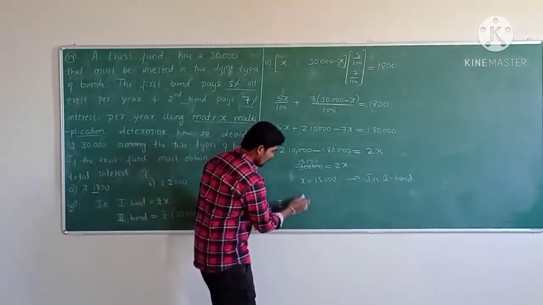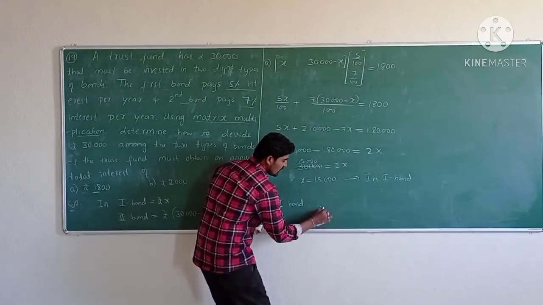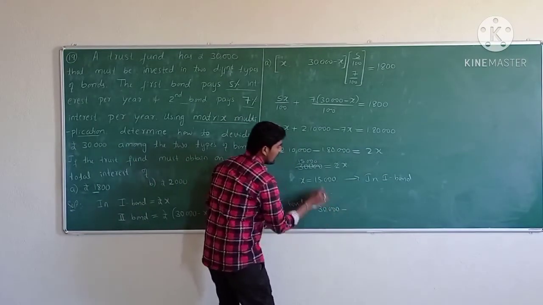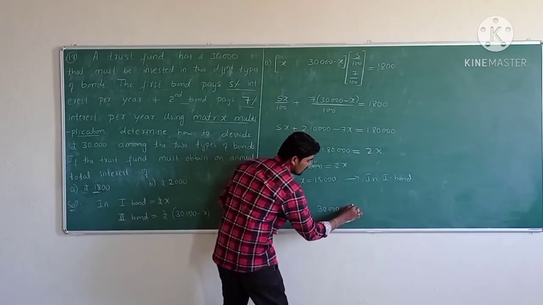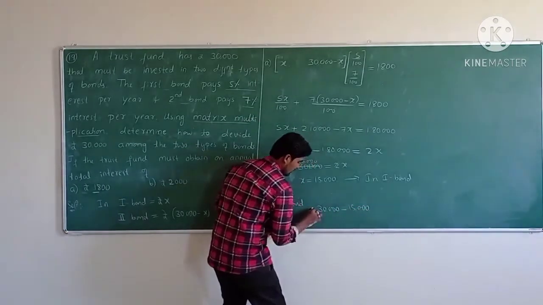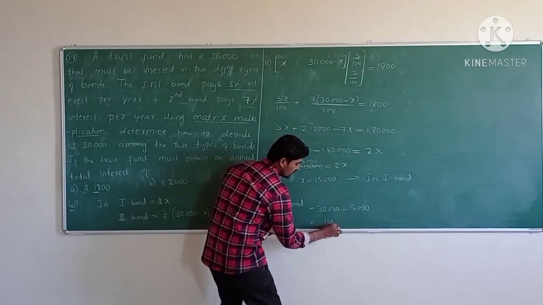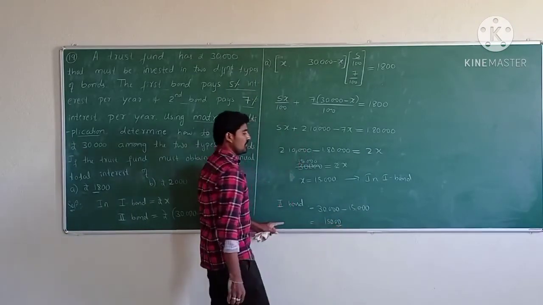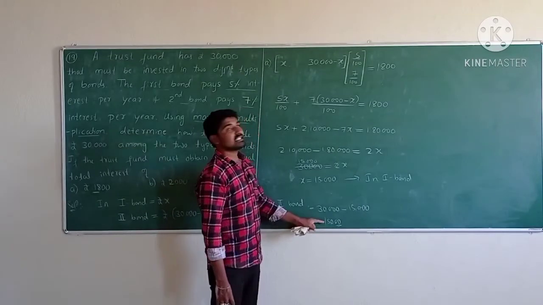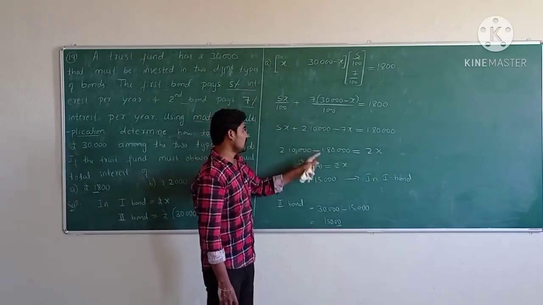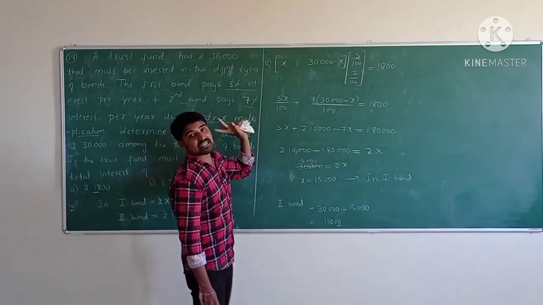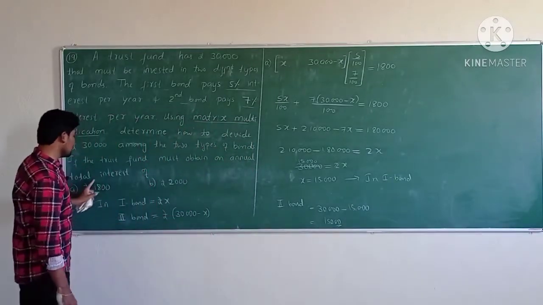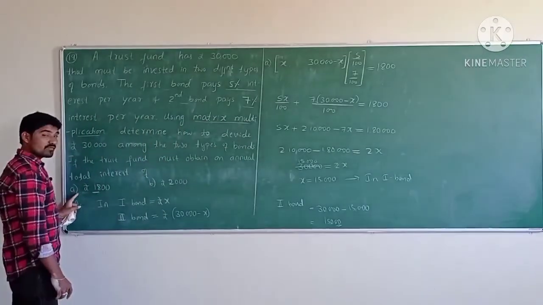Therefore, the amount invested in the second one is 30,000 minus 15,000, which is equal to 15,000. Therefore, 15,000 rupees is invested in the first one and 15,000 rupees in the second one to get an annual interest of 1800. This is the answer for the first question.